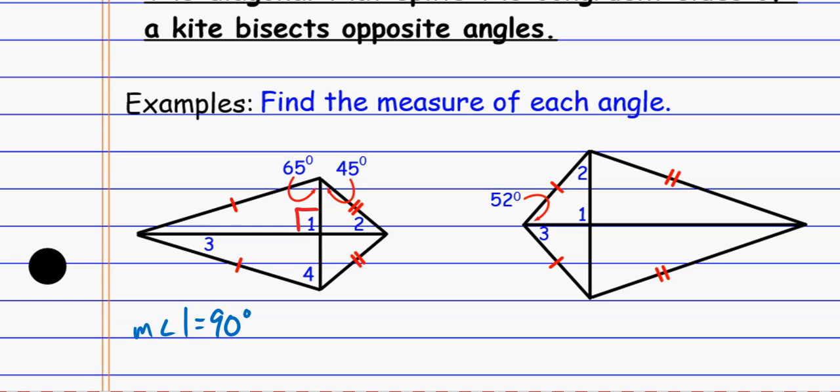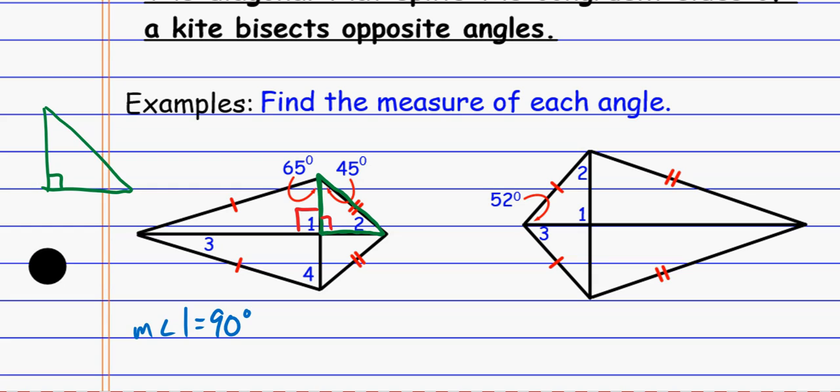Okay? From here, just like many of our other shapes, as I start to draw these diagonals, it splits this thing into a bunch of triangles. If I look at this triangle right here, highlighted in green, the one that has angle 2 in it, and draw that up to the side, right away I know that that's a 90-degree angle. Remember, that's the perpendicular property, that the diagonals are perpendicular to one another.